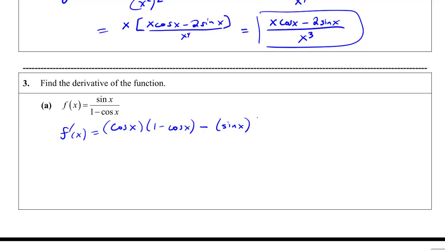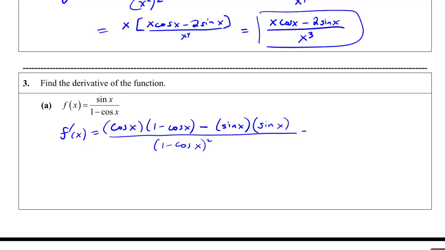But the derivative of the bottom, the 1 goes away to 0, and then I have derivative minus cosine x. So I have minus, and then the derivative of cosine x, but that's minus sine x. So the minuses are going to cancel, and I'm going to get just sine x all over 1 minus cosine x squared.